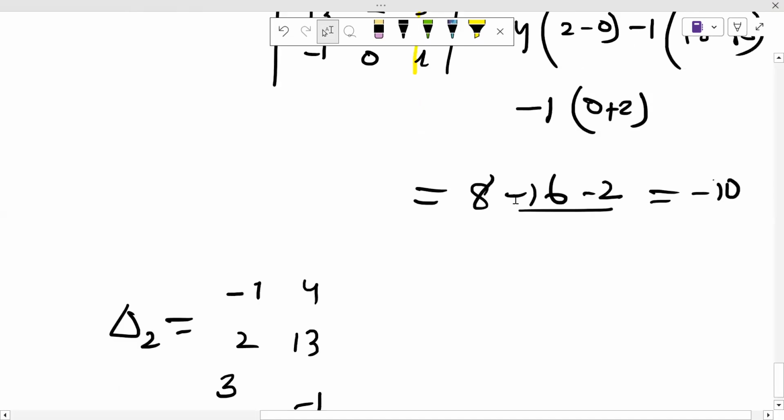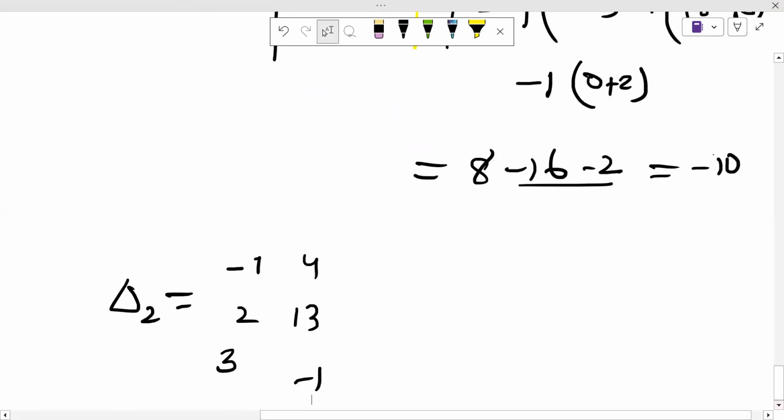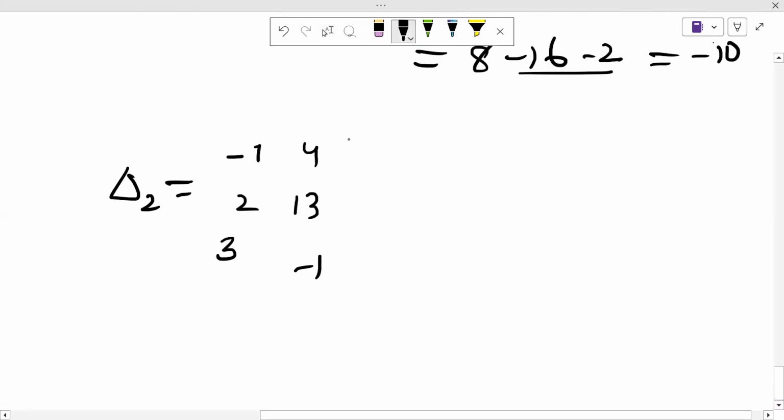Again, the last column also remains fixed. That is minus 1, 3 and 1.